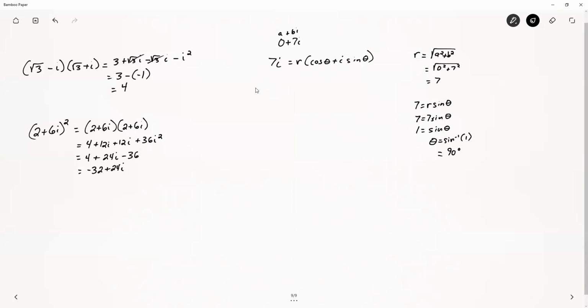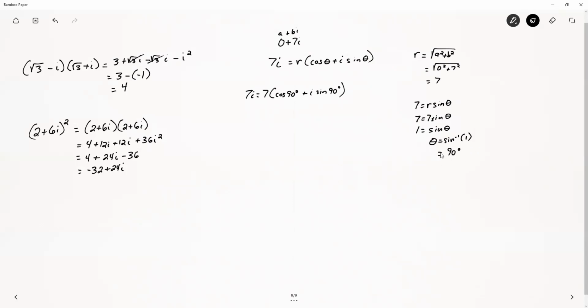So for this problem, your 7i is going to be your r, which is your radius, 7, times cosine of 90 degrees plus i sine of 90 degrees. Okay, so that's the answer to that one.